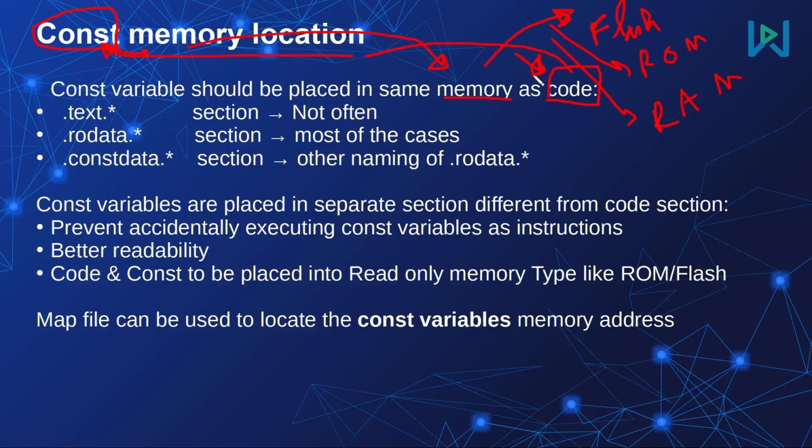When it comes to the linking stage, the linker will place those const variables and buffers in general within the section that is named read-only data. So this is the section label that will be associated to each of our const variables.